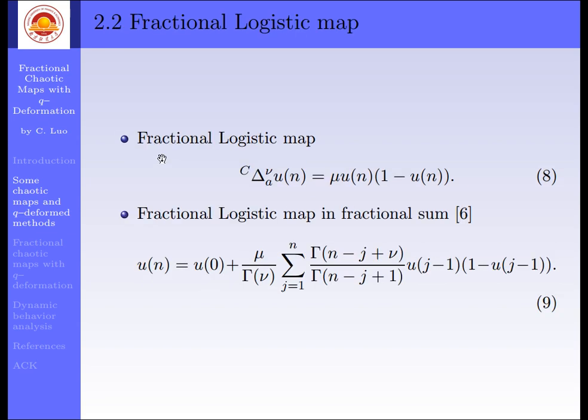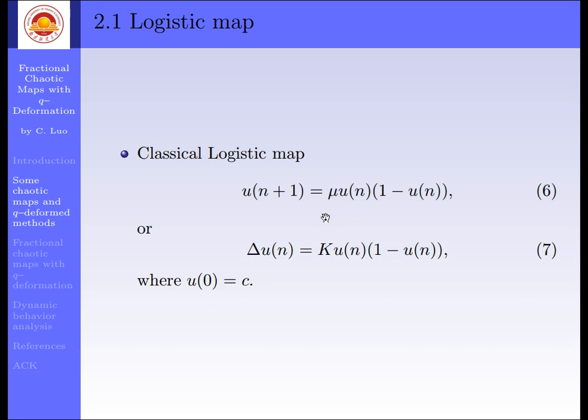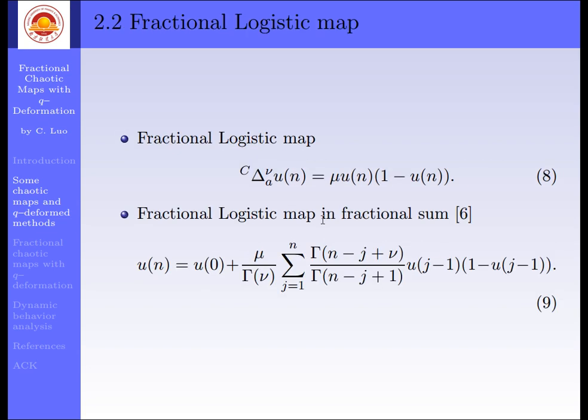Then it is significant that Professor Wu's team proposed a discrete fractional logistic map 8 as follows. They get the fractional logistic map in fractional sum. Compared with the classical logistic map, the fractional one has a discrete kernel function. That is, u(n) depends on the past information u(0), u(1) until u(n-1).